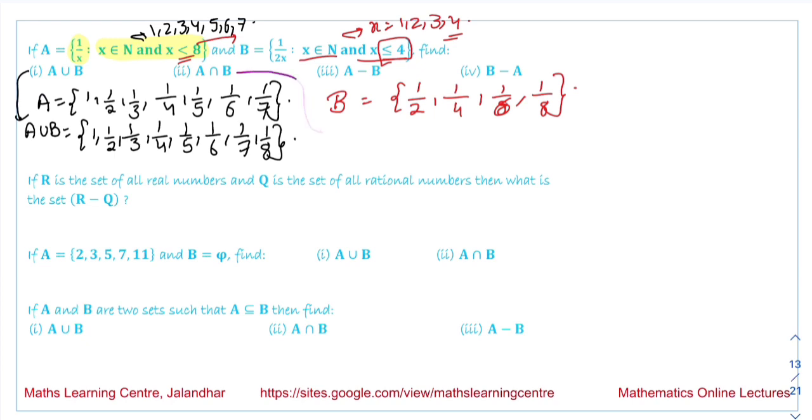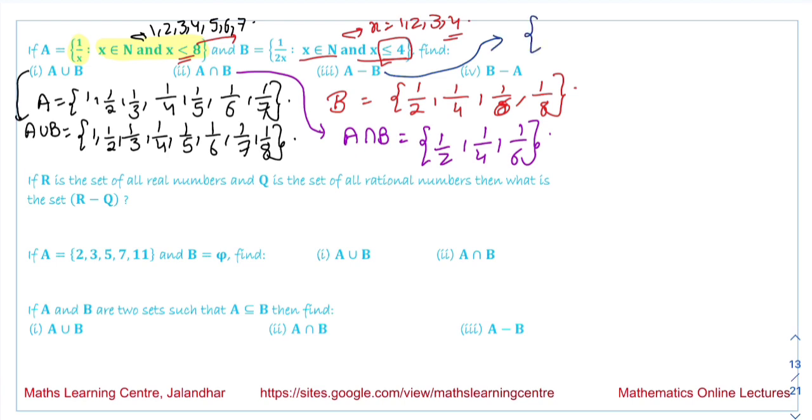Next we have to write A intersection B. The common elements we have are 1 by 2, 1 by 4 and 1 by 6. Next we have to write the value of A minus B.